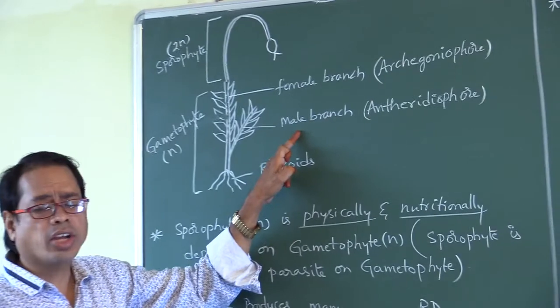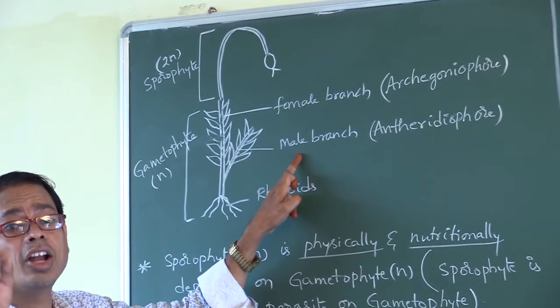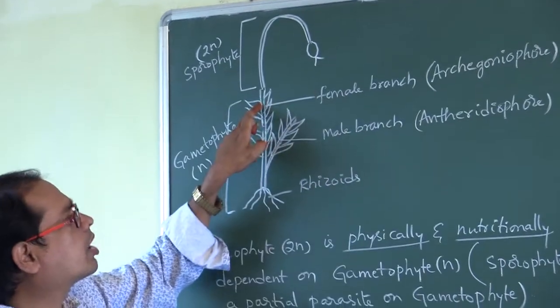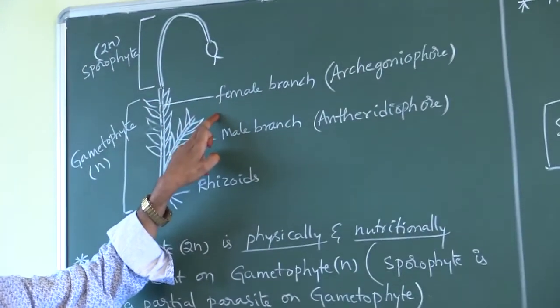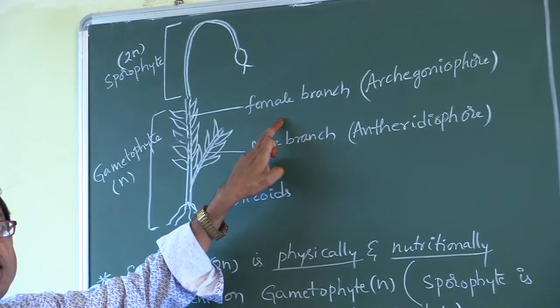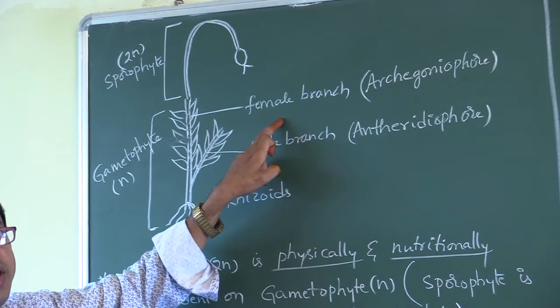The male branch contains the male sex organs called antheridia, which are many in number, whereas the female branch contains the female sex organs called archegonia, which are many in number.